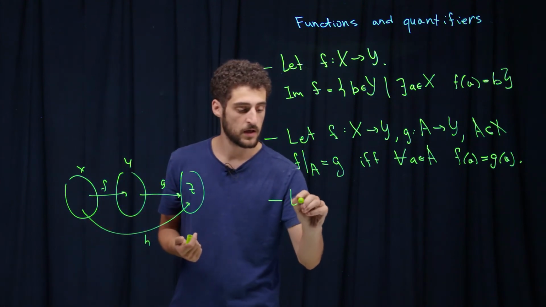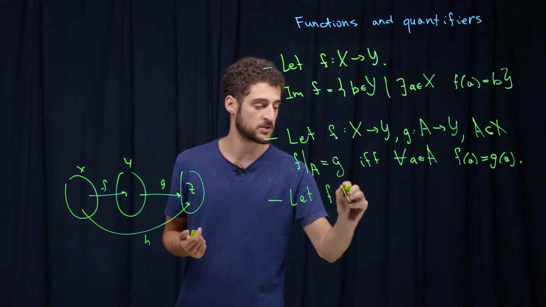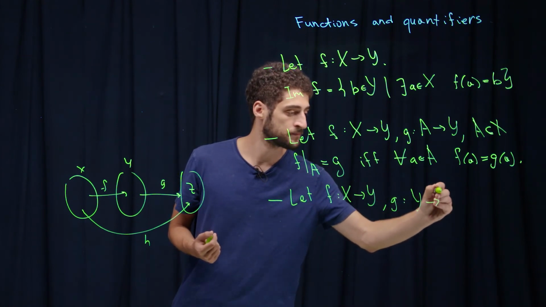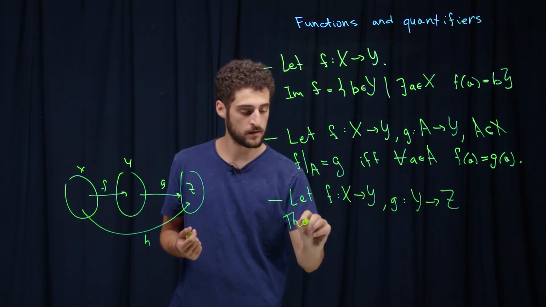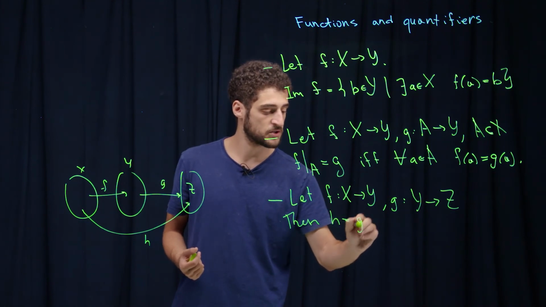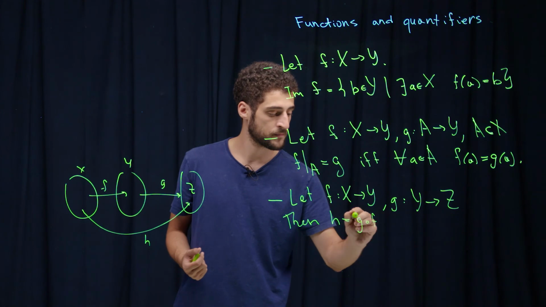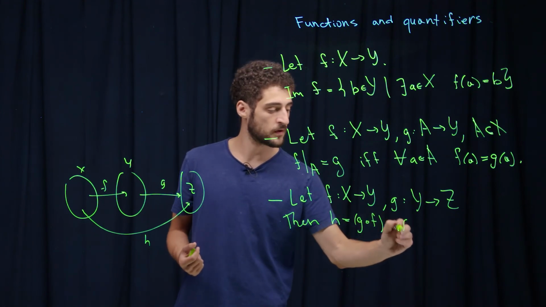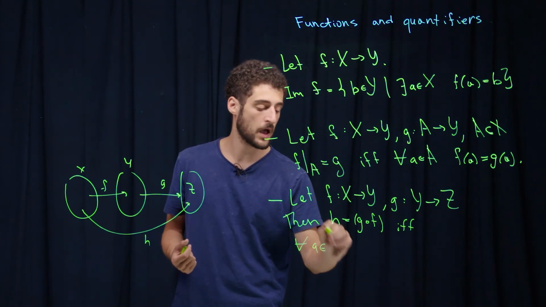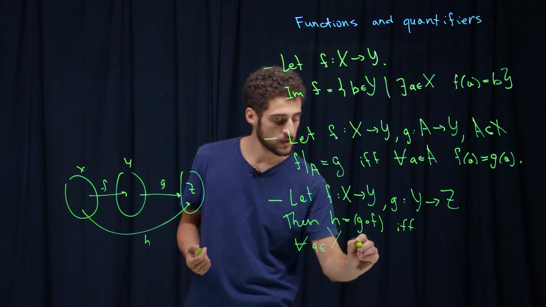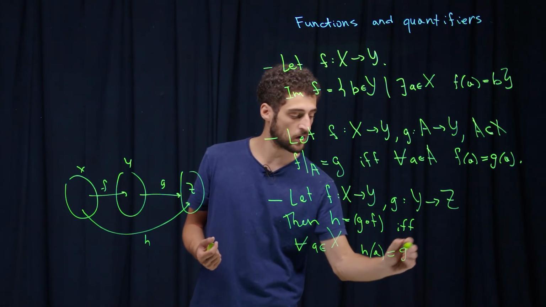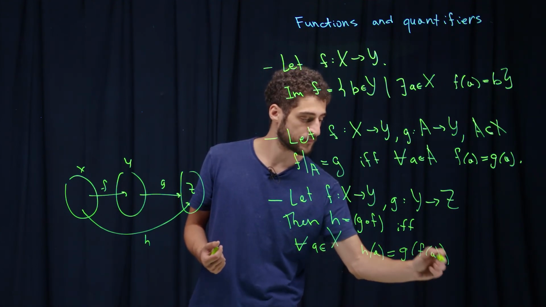So in other words, let f be a function from x to y and g be a function from y to z, then h is equal to a composition of g composed with f if and only if for every element a of x, h of a is equal to g of f of a.